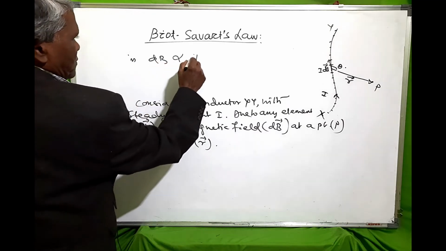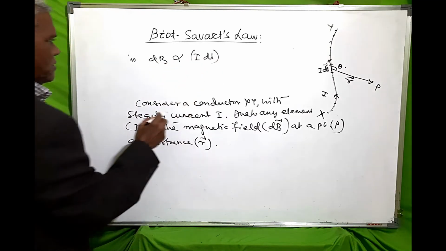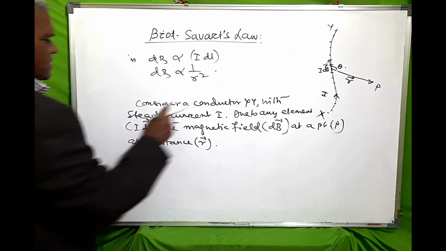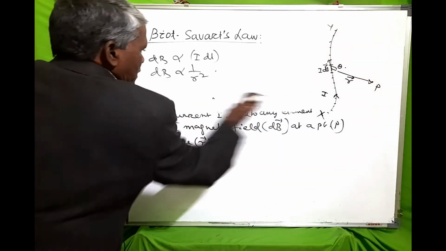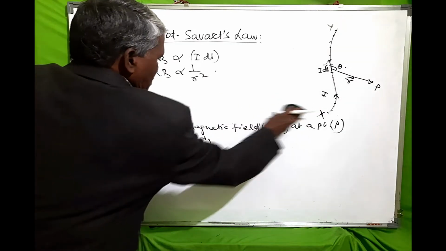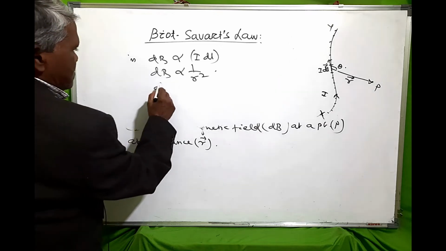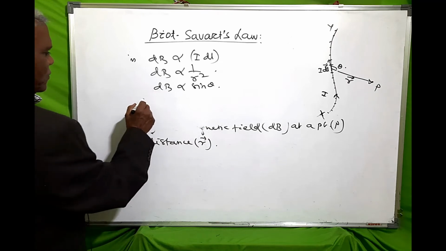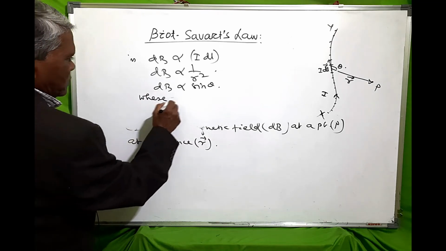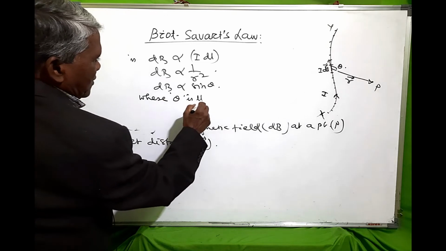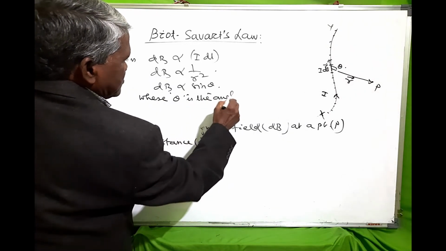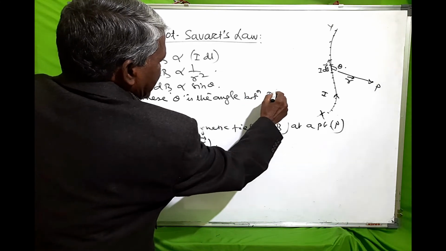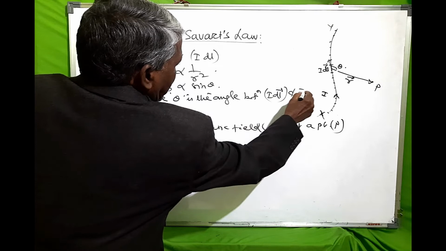dB proportional to I dl. dB is inversely proportional to the square of distance. And dB is proportional to sine theta, where theta is the angle between I dl and r.